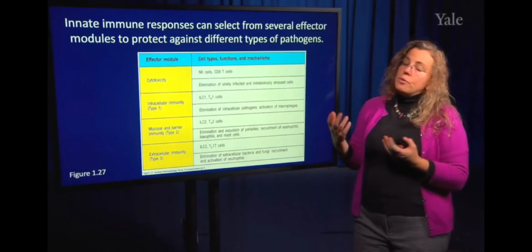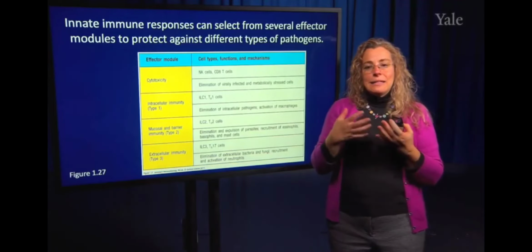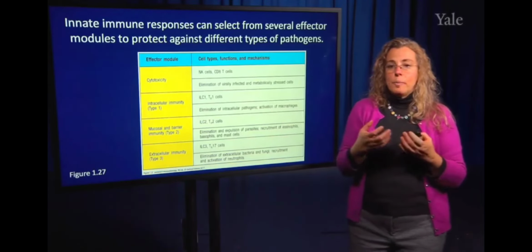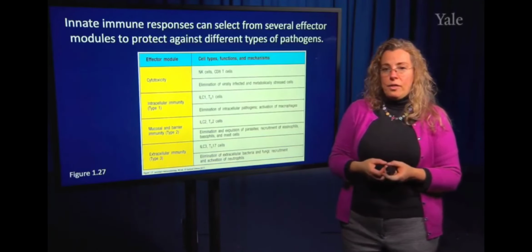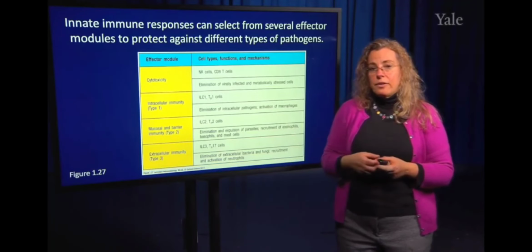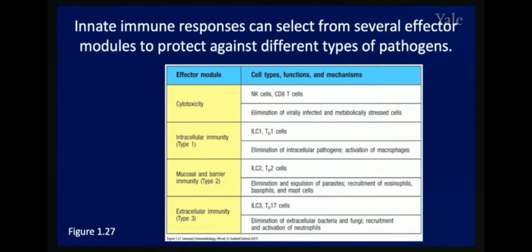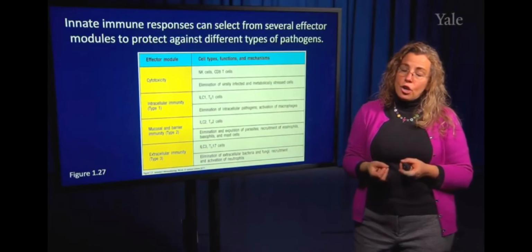The innate immune response has several different ways of trying to deal with a pathogen because it matters what type of pathogen you're infected with. If something is an intracellular pathogen, you need to get at it inside cells. If it's extracellular, it's easier to get a hold of because it's outside of the cell. So it can kill the pathogens. It has different mechanisms for intra and extracellular pathogens, and it also depends where in the body the infection occurs.